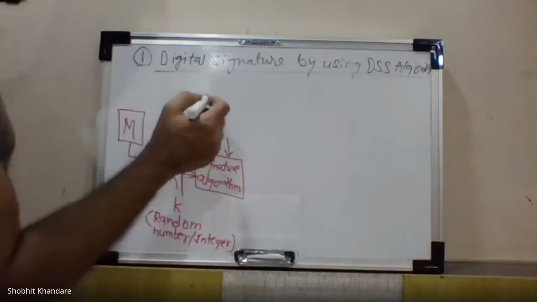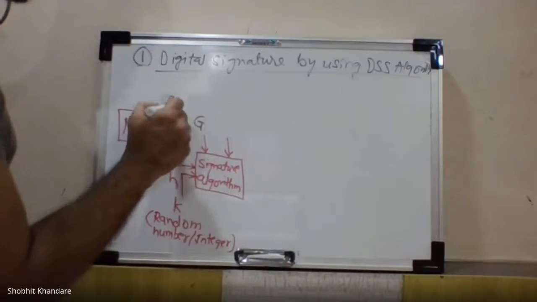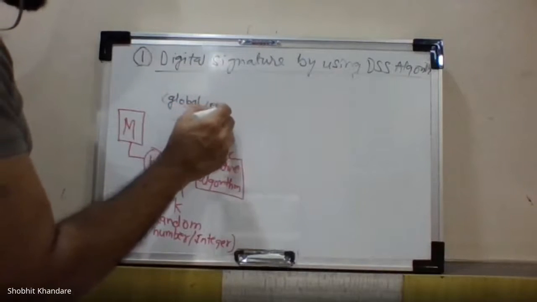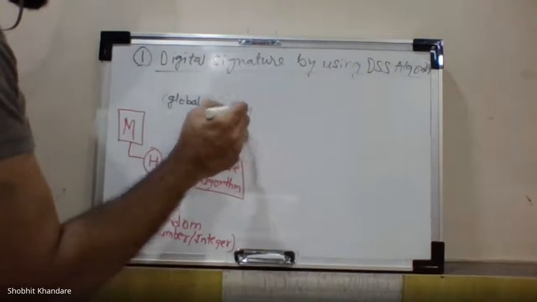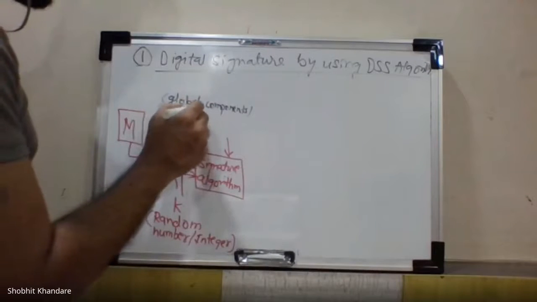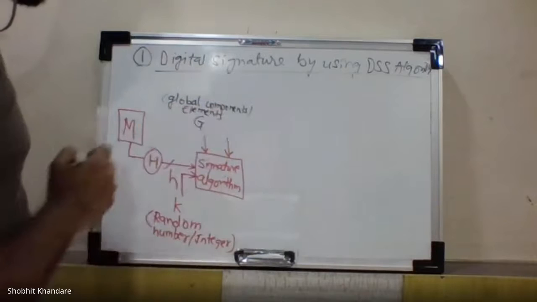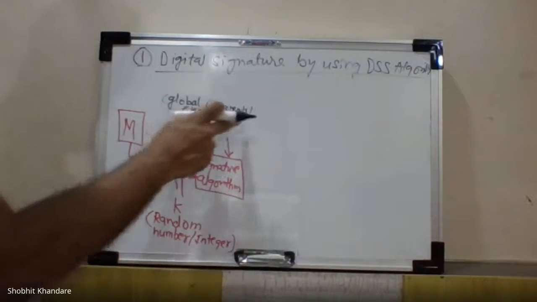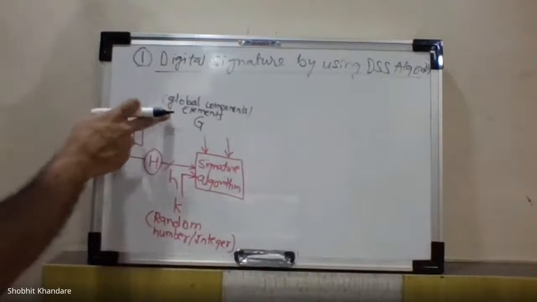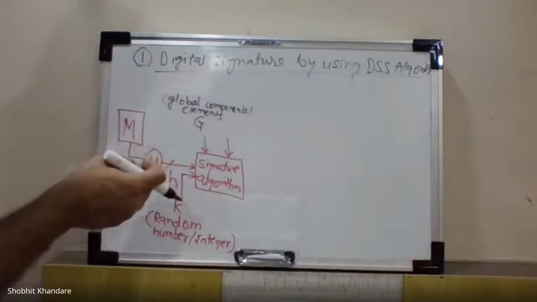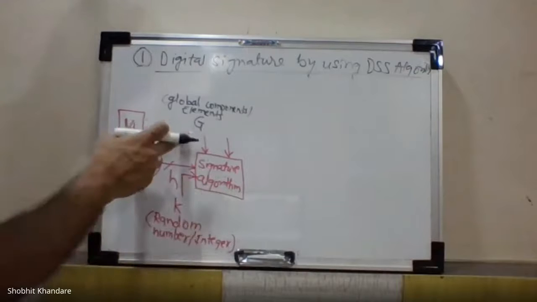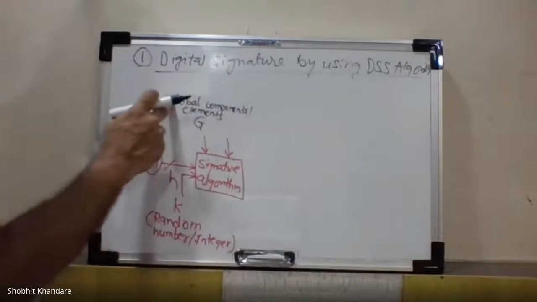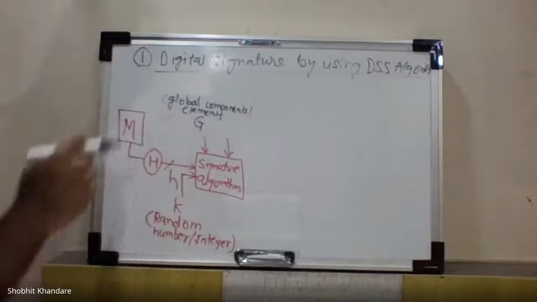You can say global components, or you can say elements. So this is the global public key elements. How to find these parameters, we'll see. So G stands for global components or global elements.